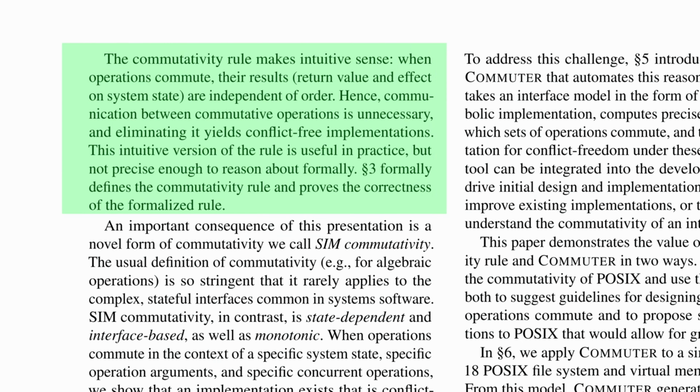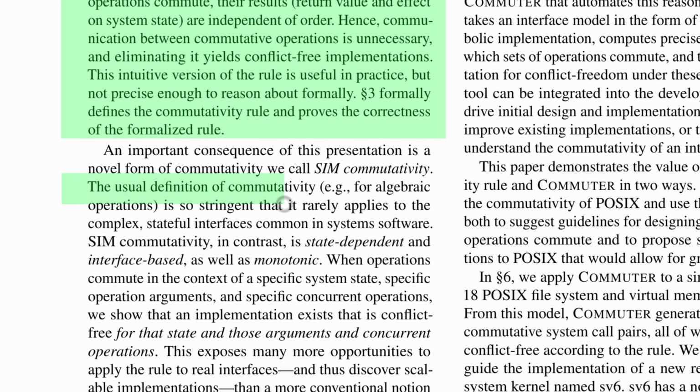This idea makes a lot of sense at an intuitive level. What the authors are trying to do in this paper is formalize this idea and make it more concrete and more analyzable. If we take the strict definition of commutativity from mathematics, it is too stringent to be useful for most real software.